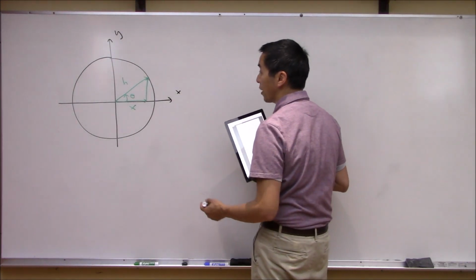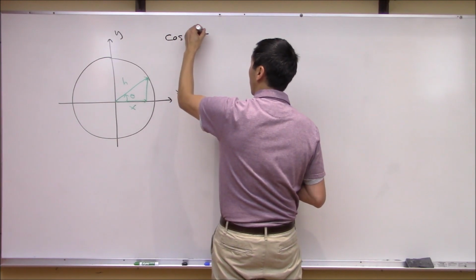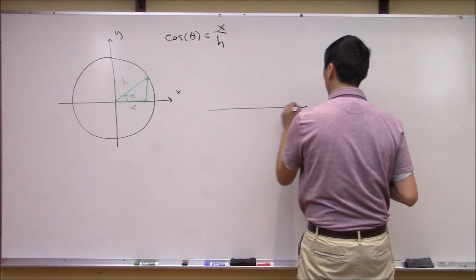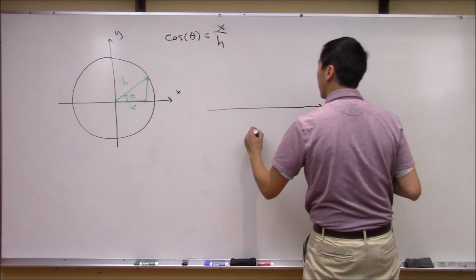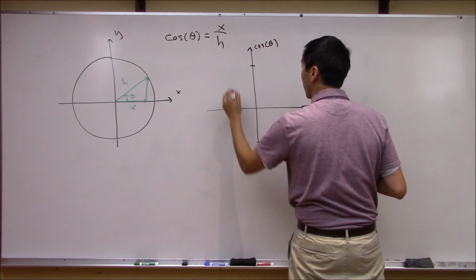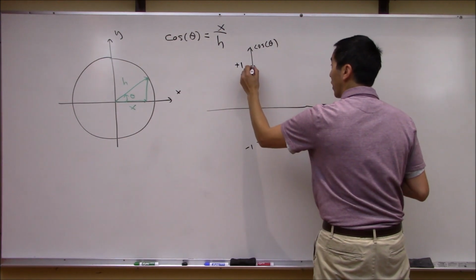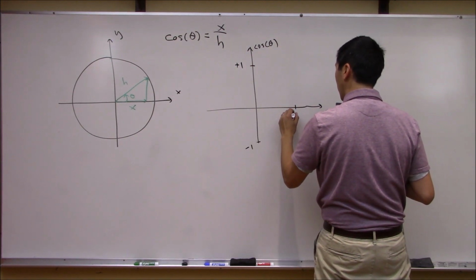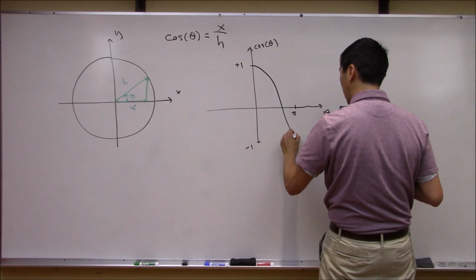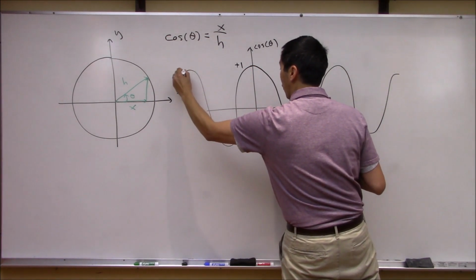All right, so here's our same picture, and we can now consider the function cosine of theta, which we know is just the ratio of the x component over the hypotenuse. If we wanted to plot theta versus cosine theta, any middle schooler will tell you this looks like something from +1 to -1. It starts here, and then at pi we end up down here, so it's something like this, in both directions forever.